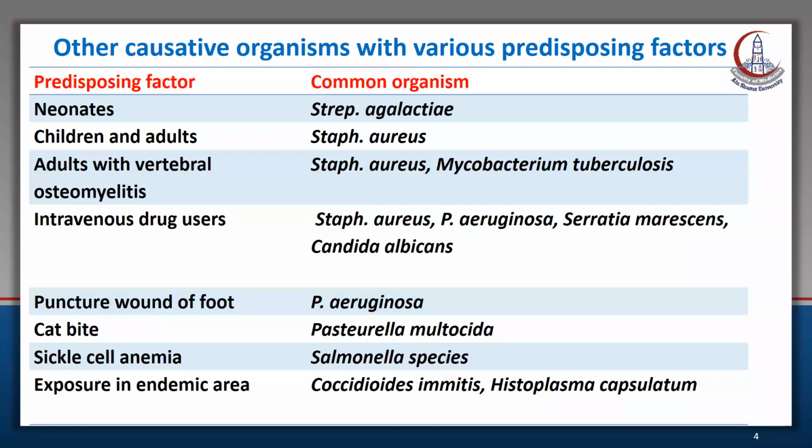Salmonella species cause osteomyelitis in sickle cell anemia patients because of sickling of the blood, causing obstruction or occlusion of the small blood vessels and capillaries for bones.